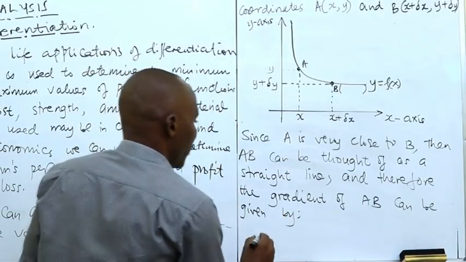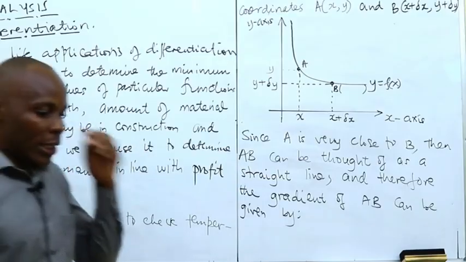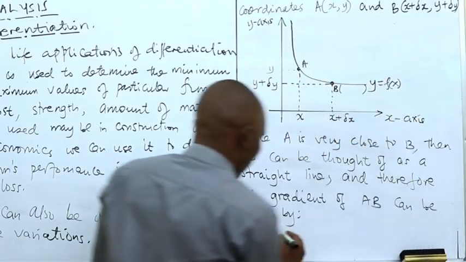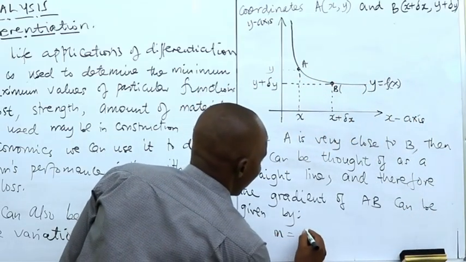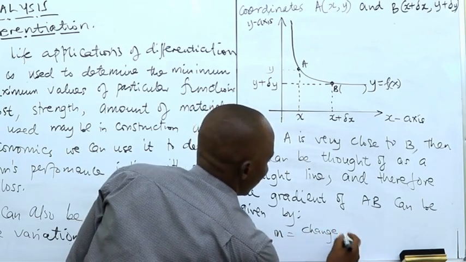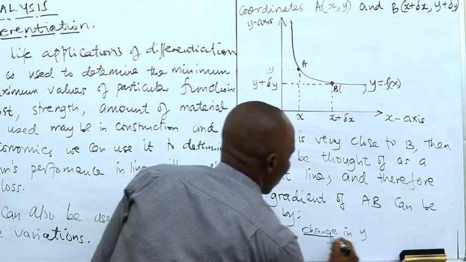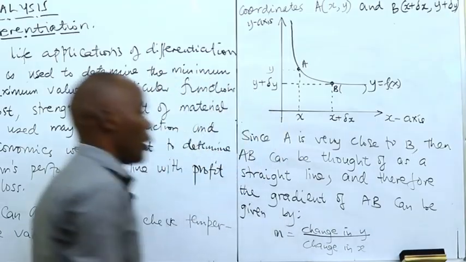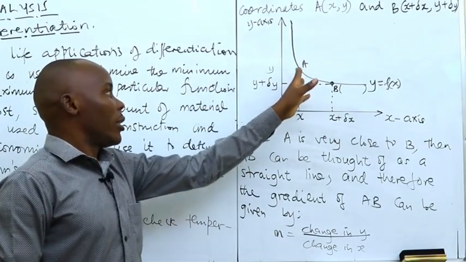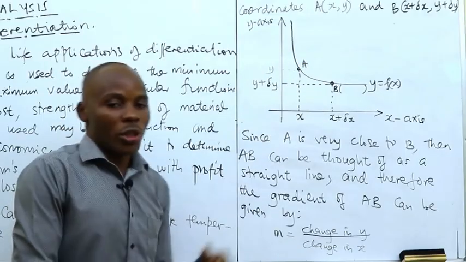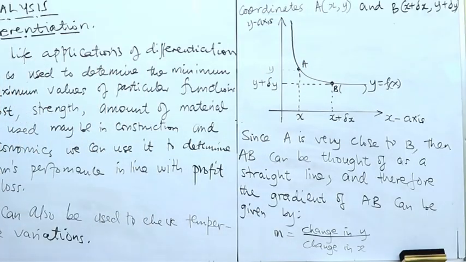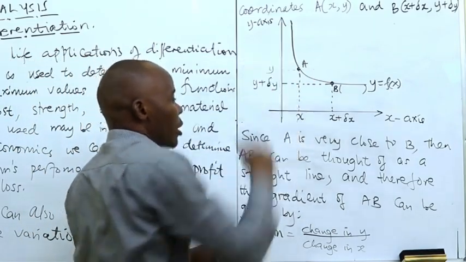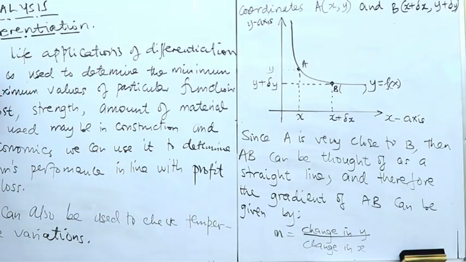Since we are talking straight lines, that gradient m, we know it is change in y over change in x. This is a curve, but since point A and point B are very close to one another, the line AB is thought of as a straight line.